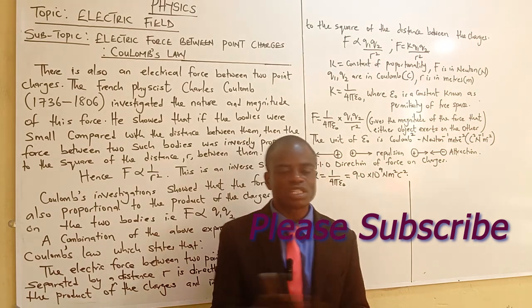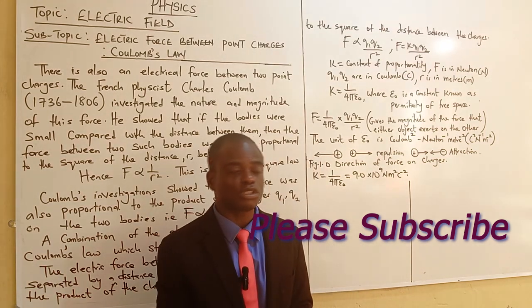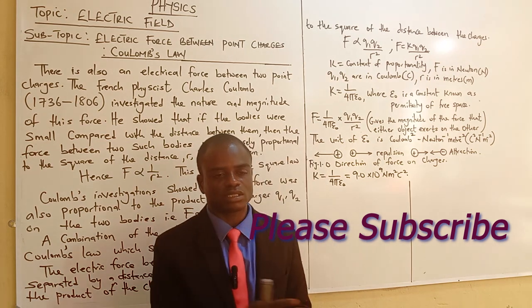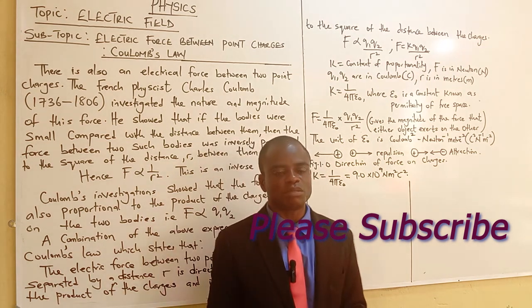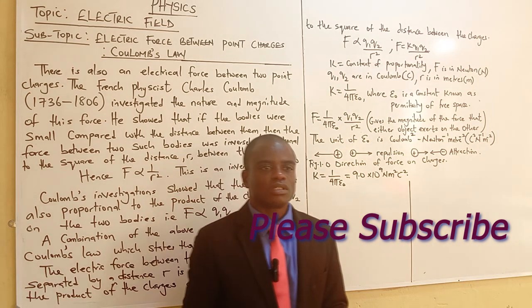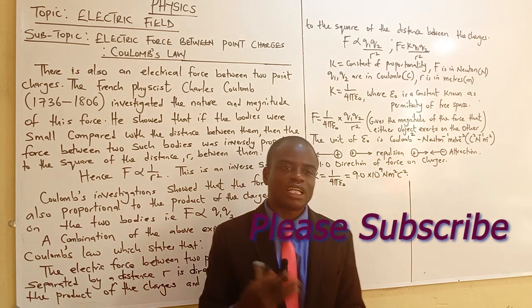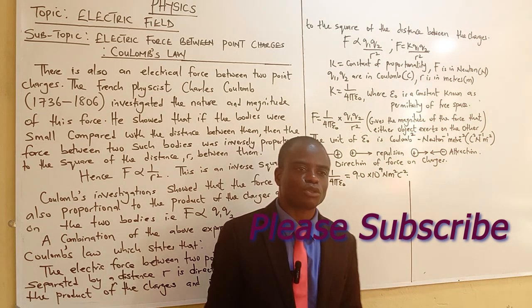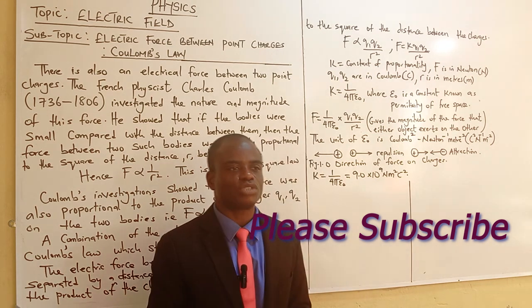Isaac Newton shows the relationship between the gravitational force, the masses, and also the distance between the masses. Sir Isaac Newton said the gravitational force is directly proportional to the product of the masses and inversely proportional to the square of the distance between them.